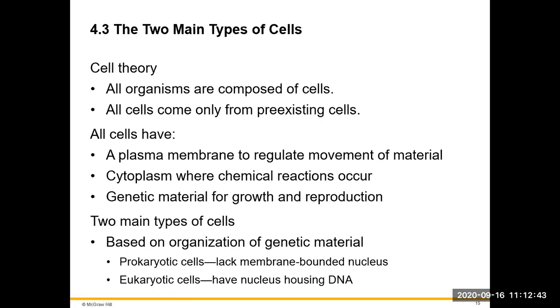There's the boundary, which is the plasma membrane, and everything else that happens within the cell happens in the cytoplasm, because cytoplasm is whatever you find within the plasma membrane. In other organisms like bacteria, the chemical reactions might take place in the plasma membrane instead of the cytoplasm. Also, all cells have genetic material, which is the DNA, and it is relevant for our growth and reproduction.